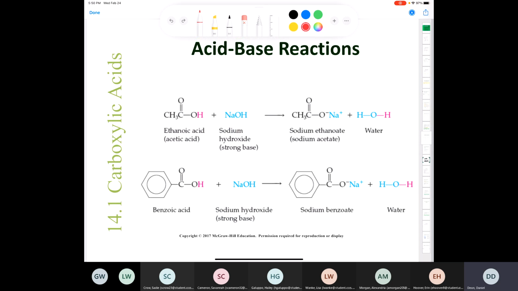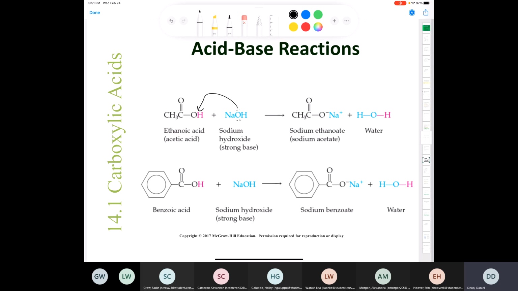What would happen if we took these carboxylic acids, very common carboxylic acids, and put them in a strong base, like sodium hydroxide? Let's take a look. If we took acetic acid or ethanoic acid, I use acetic acid because it is the common name. It's more common than saying ethanoic acid. If you take that and you put it in sodium hydroxide, literally the hydroxide is going to take this hydrogen like that.